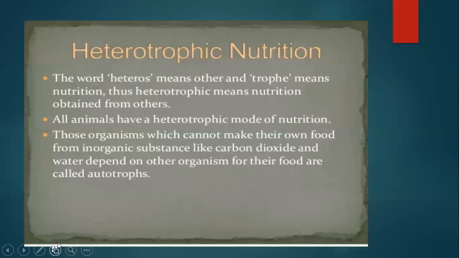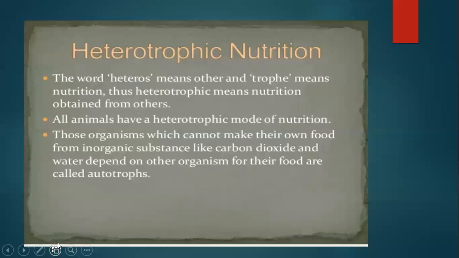In that flow chart, saprotrophic nutrition, examples, mushrooms and bread molds. In parasitic mode of nutrition, leeches, tapeworms and Cuscuta. And holozoic nutrition, humans and animals are the examples for heterotrophic nutrition.